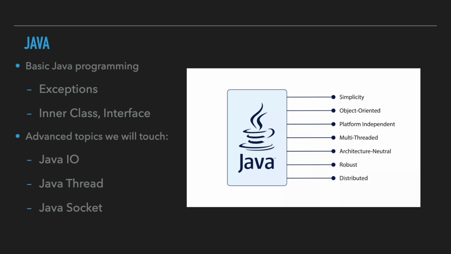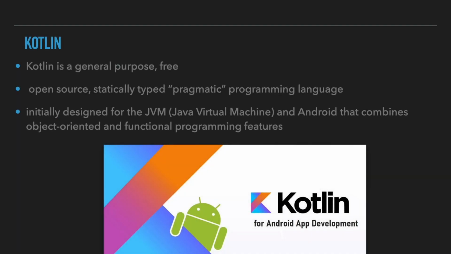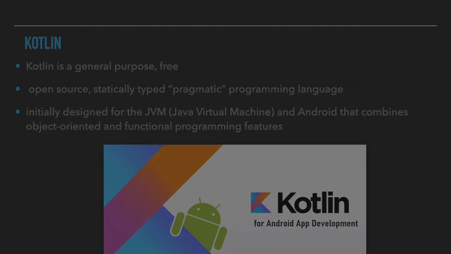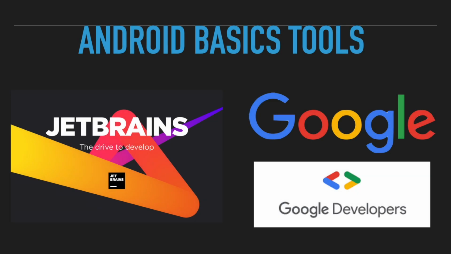This is what we will use for development in this tutorial, and in another playlist we will use the Kotlin programming language for developing the same thing, the Android application. The IDE we are using, Android Studio, is created by JetBrains in collaboration with Google and Google developers.